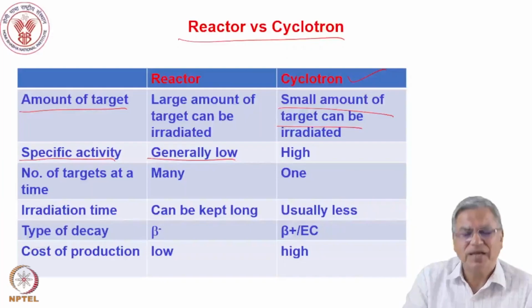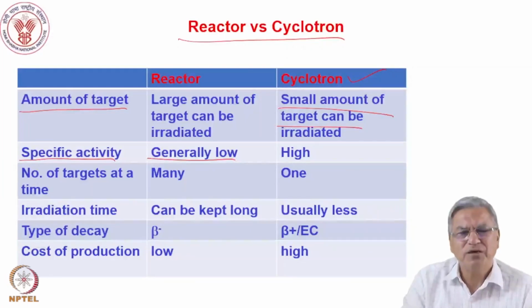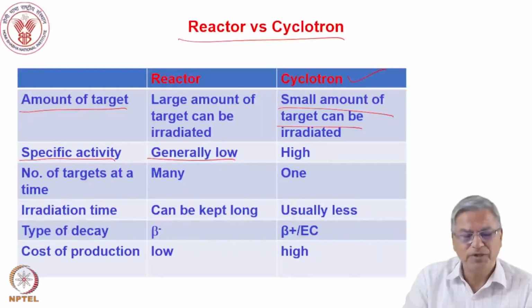There are cases like multiple neutron capture, or (n,gamma) followed by beta-minus decay, where you can get carrier-free product. But in general, if you irradiate a target by (n,gamma), you will get low specific activity.